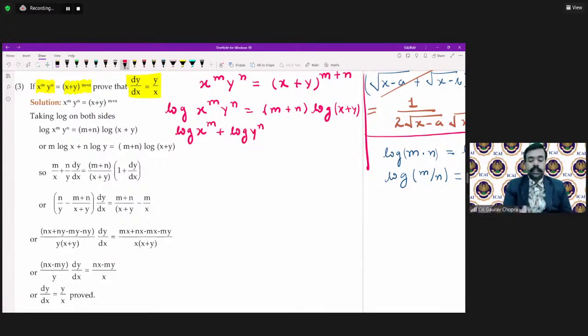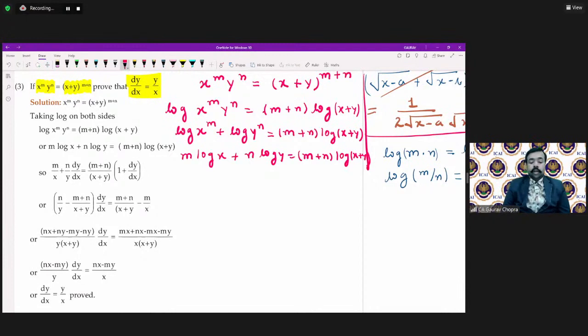So this power will jump forward, and we can write it as m log x plus n log y. And on the equal to side, we have m plus n log of x plus y.